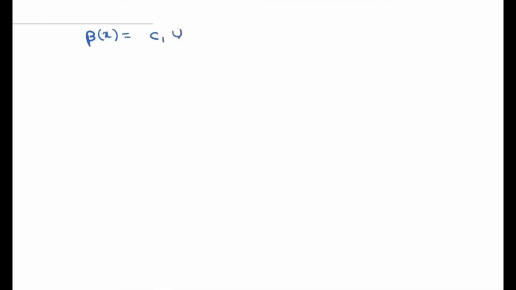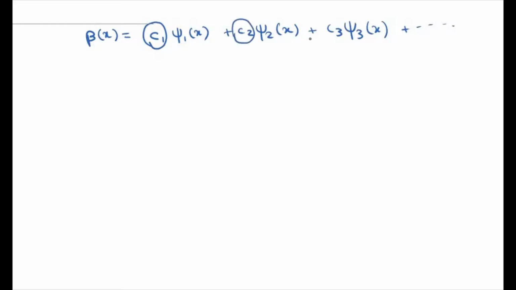So C1 psi 1 x plus C2 psi 2 x plus C3 psi 3 x plus dot dot dot. Okay, so beta x is a valid wave function of the system, and I am basically breaking down beta x in terms of the eigenfunctions of the system. Now how do we know these constants C1, C2, C3, etc.?